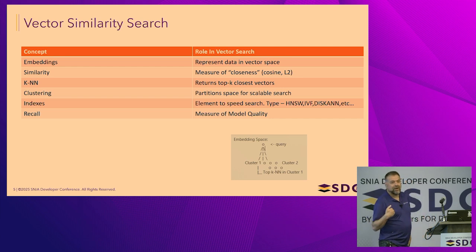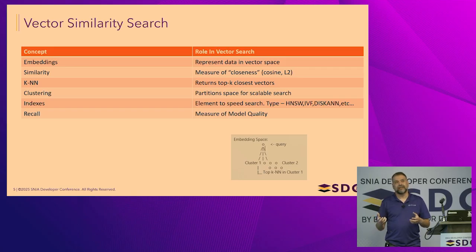When we talk about similarity search, some concepts like embedding, similarity, KNN, clustering, indexing, and recall are very important. Embeddings are the representation of the vector. Similarity is how close things are to one another.